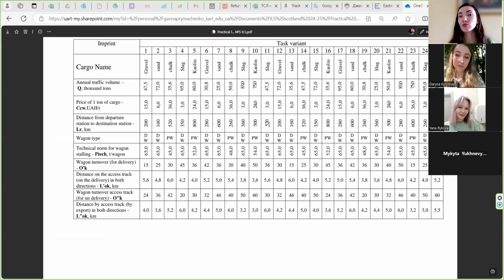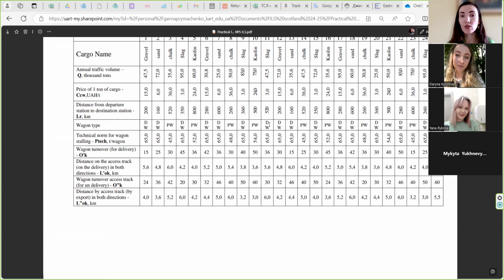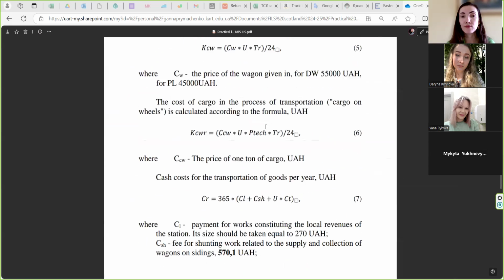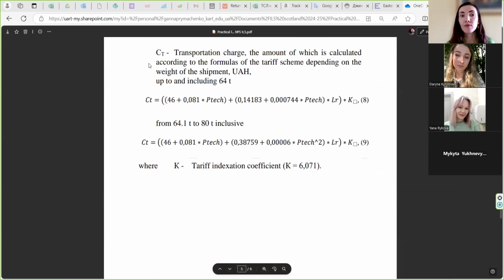Write it somewhere, and I open our formulas and you can decide it. You need to calculate only one formula, either H or 9, not both of these formulas.